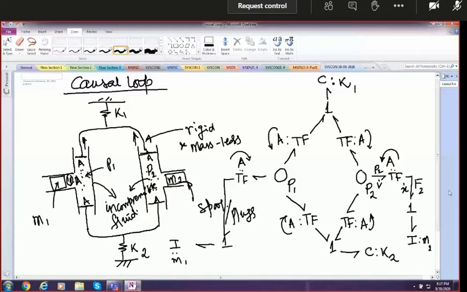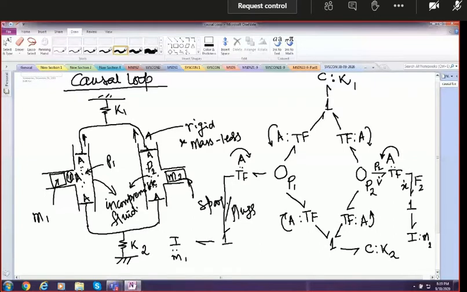So here we are not considering the gases, the intermediate gases; incompressible fluid. I have written it incompressible. If it is compressible, then at that 0 P1 and 0 P2, I will put two C elements. And the value of those C elements will be beta by volume, because our relation is delta P is equal to minus beta del V by V. So pressure will be related to beta del V by V. When you take derivative, delta V is the rate of change of volume.